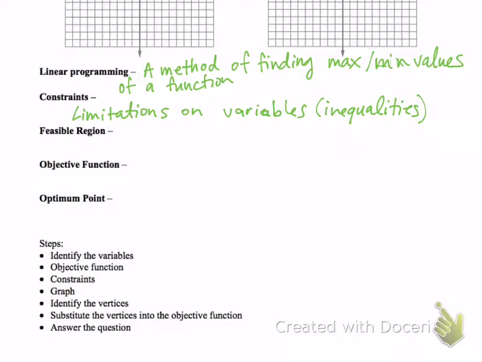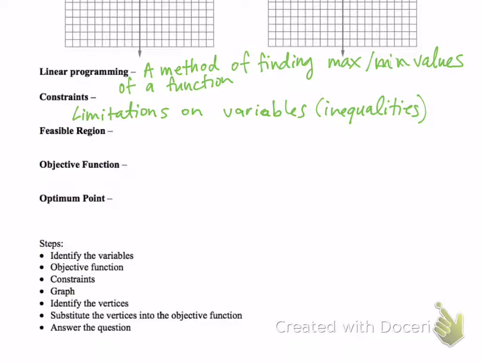So they are phrased really similarly to the 3.2 word problems where you were coming up with your own equations. So if it said, there are 150 people at the fair, and they're either children or adults, then you would say x plus y equals 150. So you're having to come up with those constraints yourself sometimes.